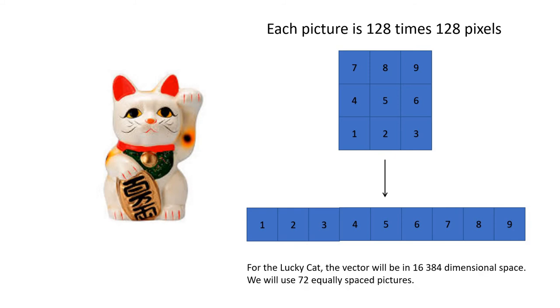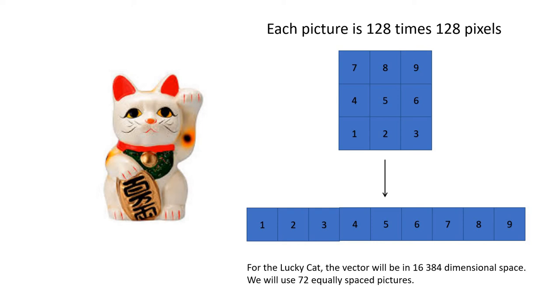And I will do the same for every picture of the lucky cat. In that case, we have pictures in 16,384 dimensional space. And altogether we took 72 pictures of the lucky cat, so we have 72 points in the 16,000 dimensional space. And we'll use the same methodology to answer the question, what is the shape of this collection of points?